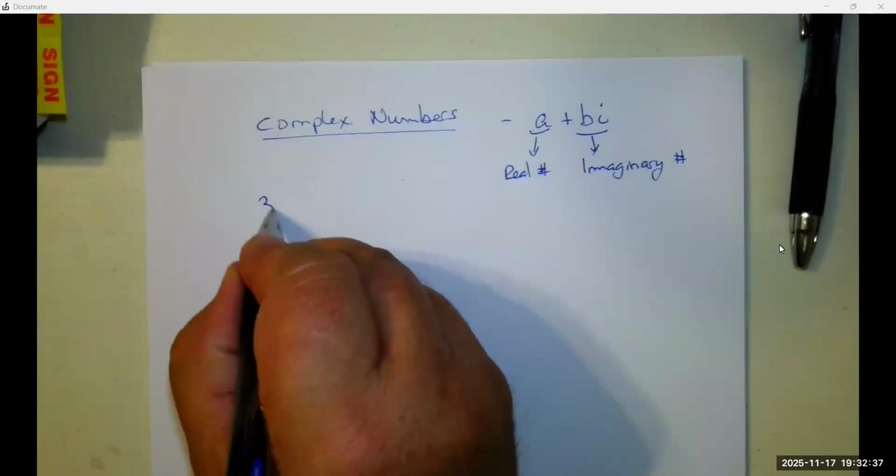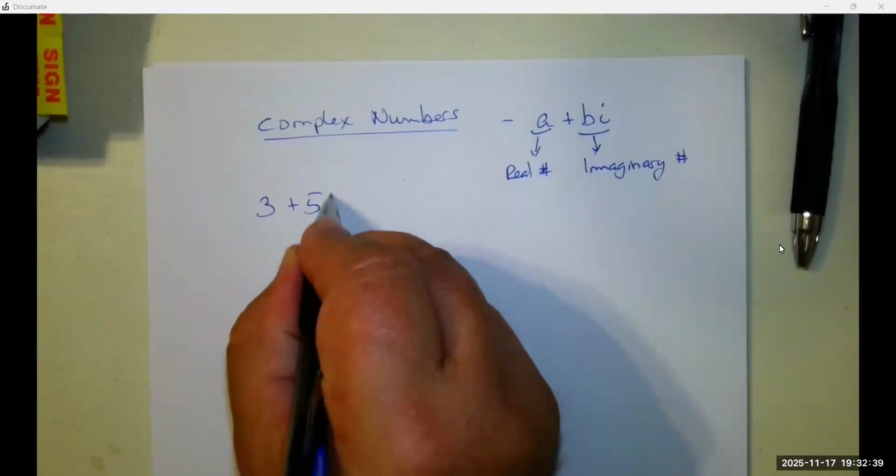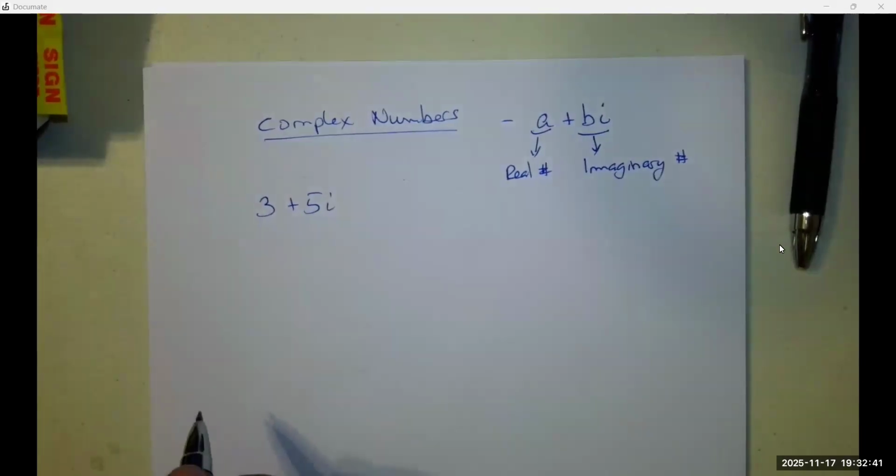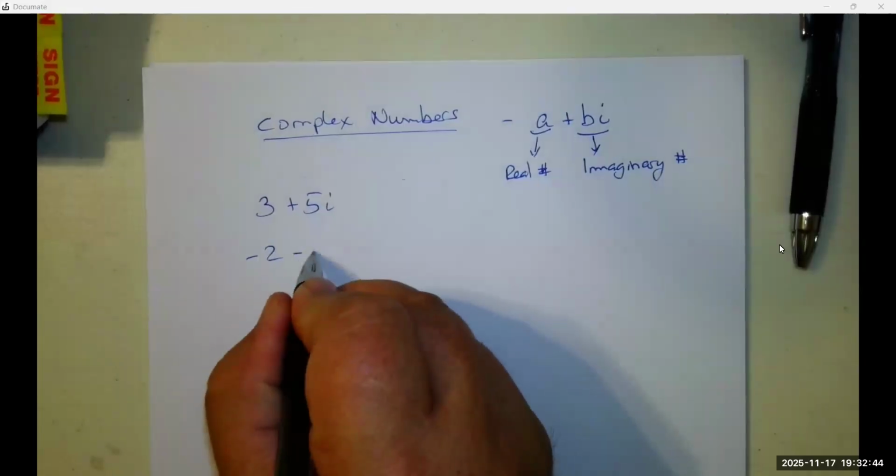So a complex number can look like this: 3 plus 5i, or -2 minus i.